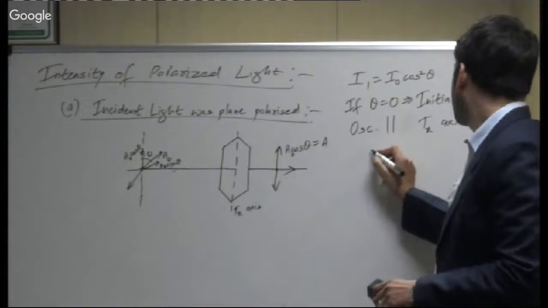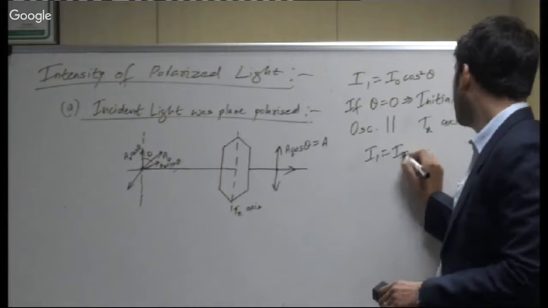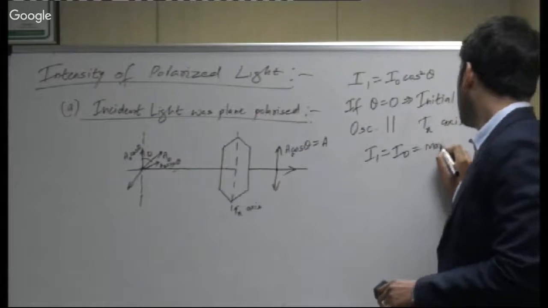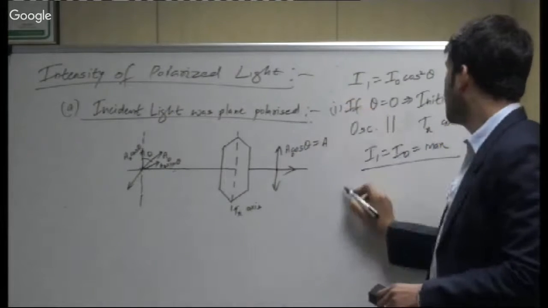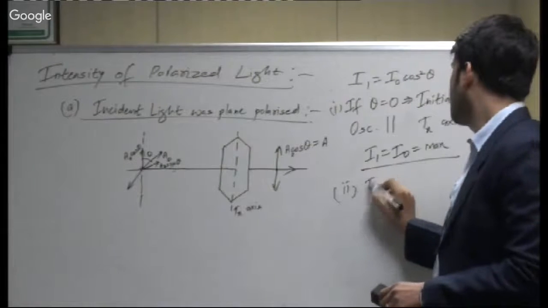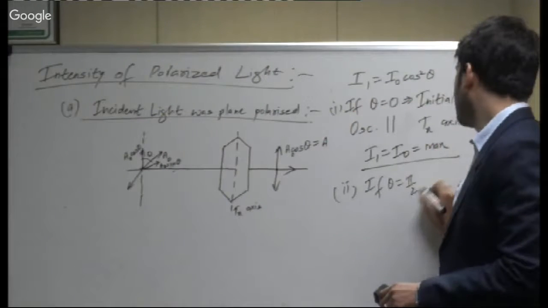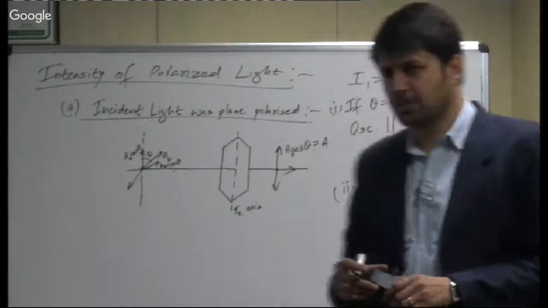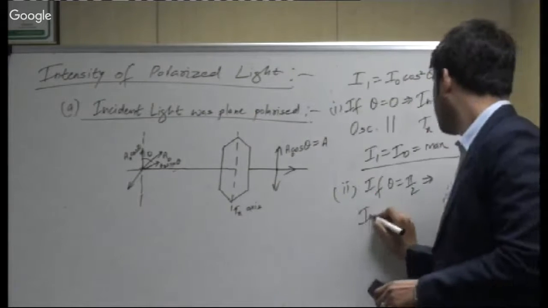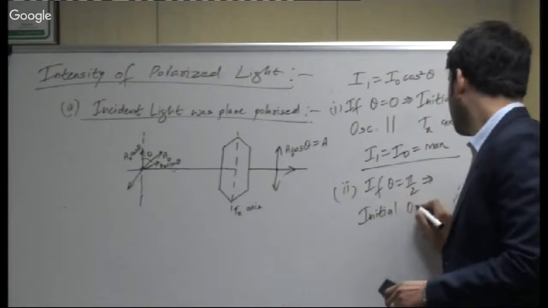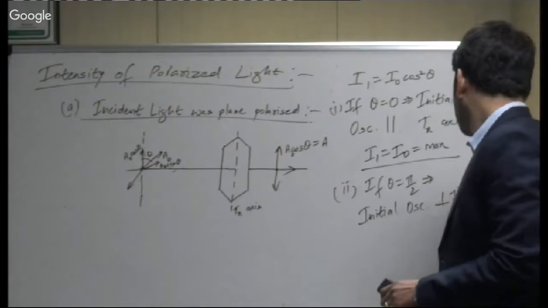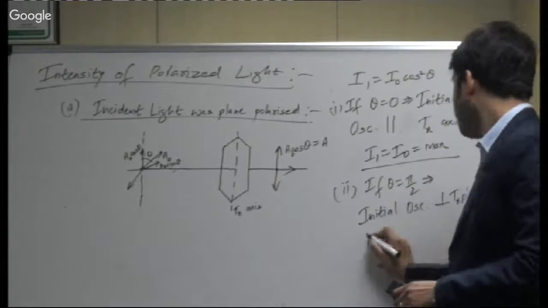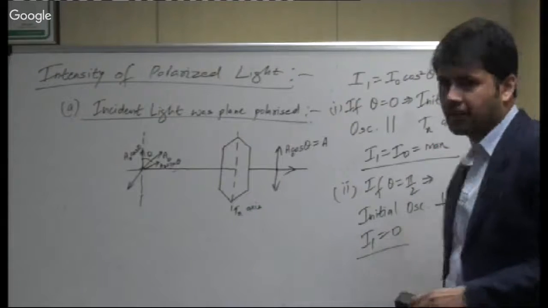So I1 would be equal to I0, the maximum possible value, case 1. Case 2 is if theta is pi by 2. The initial oscillation is perpendicular to the transmission axis, so I1 would be 0, no light.